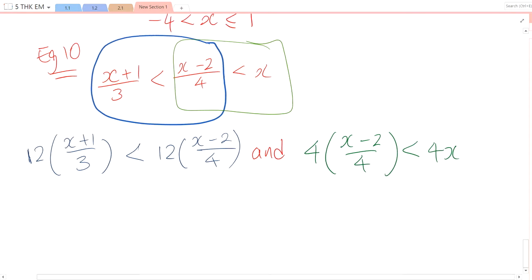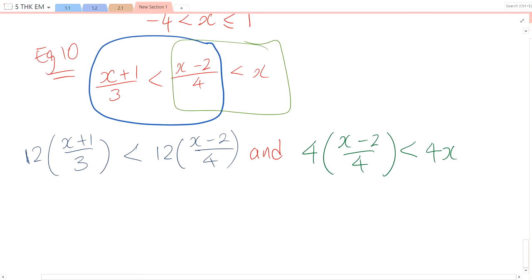Do you agree that now my one inequality is separated into two different inequalities? And at the same time, I try to get rid of the denominators, to get rid of fractions already by multiplying with the common denominator. Agree so far?